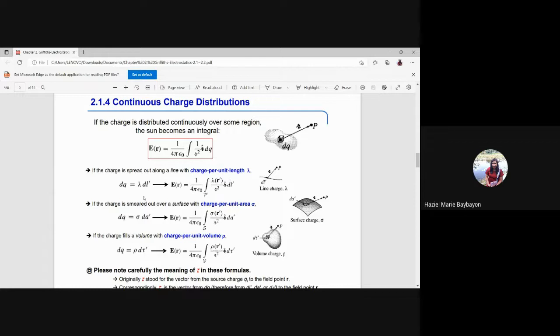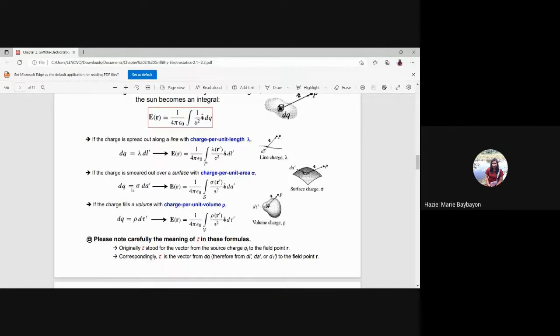Okay, so this equation now will become this one. So you have 1 over 4 pi epsilon naught integral of lambda dl over R squared R hat.